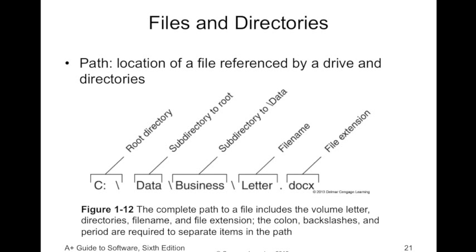How we read this is, we are currently looking at a document, letter.doc, that's how we know it's a document. It currently resides in the business folder. But the business folder currently resides in the data folder. So business is a subdirectory of data. Where's data? Data is actually on the root of C. So data is a subdirectory of C.